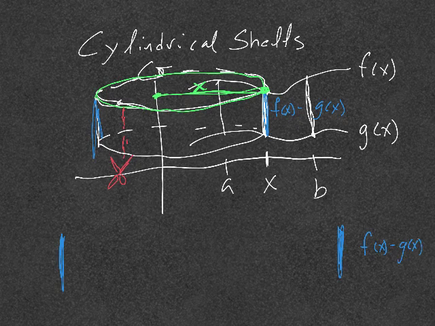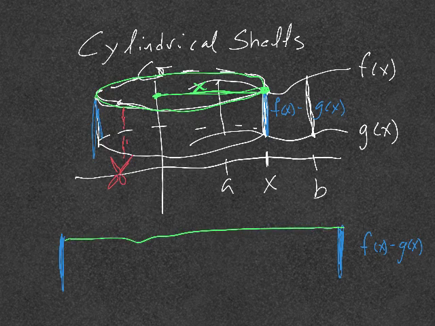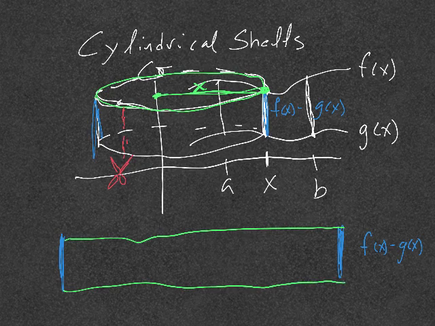And what's the top of this rectangle going to come from? Well, the top is coming from the circumference of this circle, right? The circumference gets cut out all the way, and it's a circle of radius x. So if it's a circle of radius x, what's the size of the circumference?